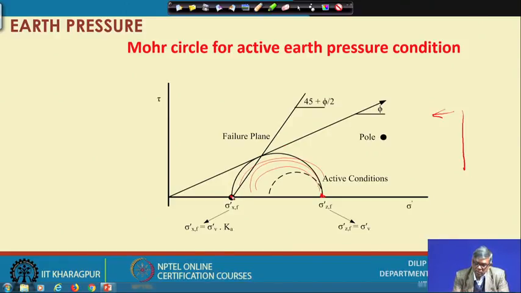This is the minimum value of stress at failure. If you join from here to the tangent point of this circle, that will be the failure plane, and you can find this angle is 45 degrees plus phi by 2. So, your original vertical stress is the major principal stress, and this one is the minor principal stress.